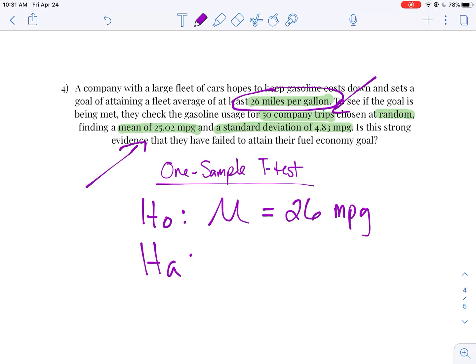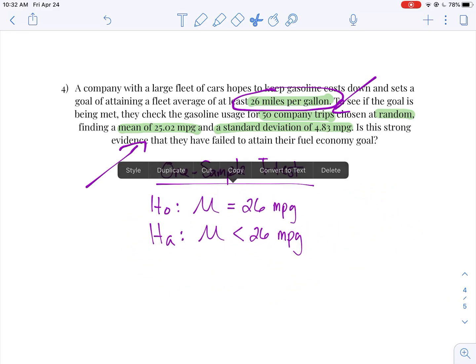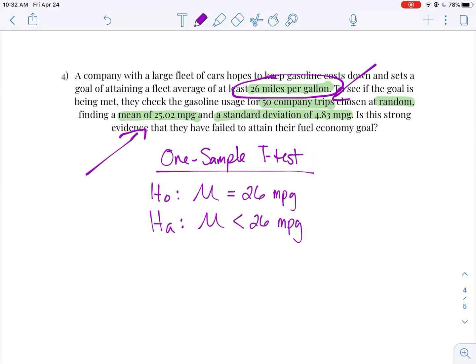For my alternate, out of those 50 cars, we're trying to prove that for the entire company, their average is actually less than 26 miles per gallon. If they're trying to prove more, then I make it more. If they're just trying to prove that it wasn't 26, then I would do doesn't equal. But since they're trying to prove that they're falling short of that goal, my alternate is going to be less than 26.